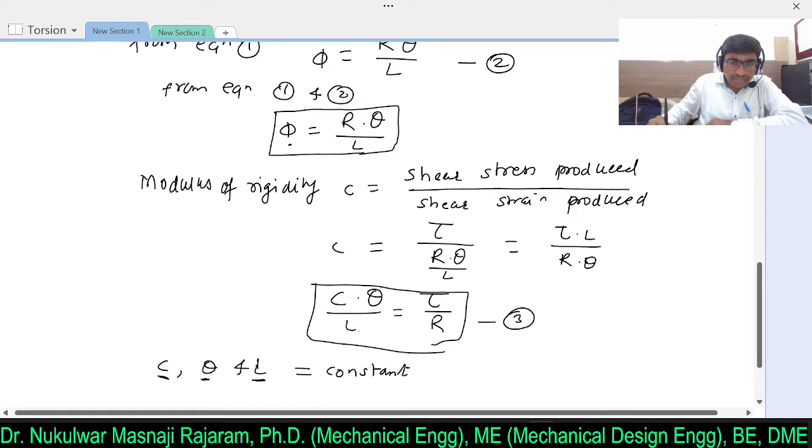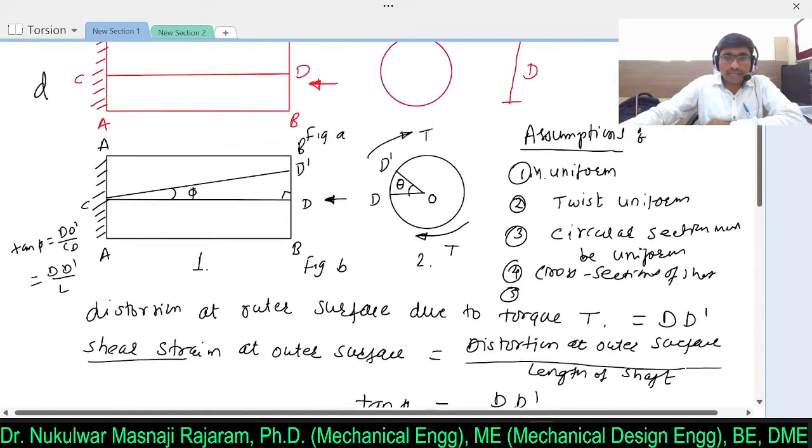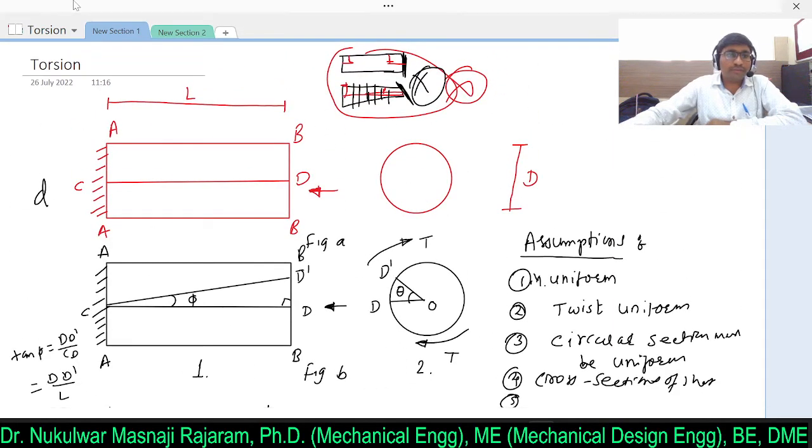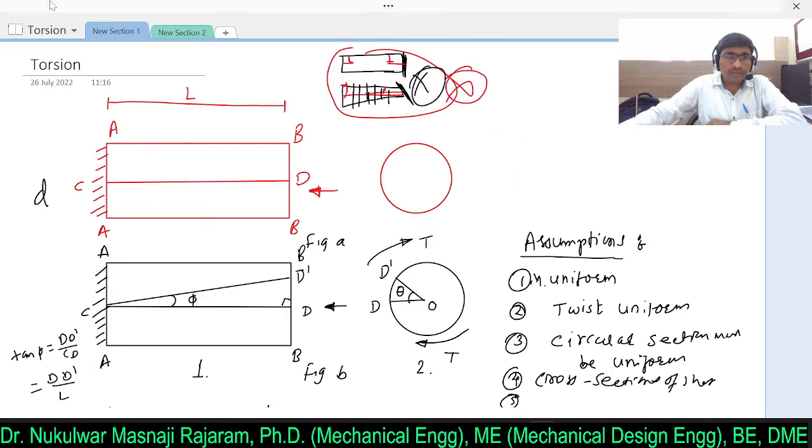So in this equation, if I consider these all are constant, then I can rewrite this equation, that is tau divided by R will be equal to a constant, or I can say tau is directly proportional to R. Clear? So shear stress is directly proportional to the radius of the shaft. Clear? Now from this I can say over here, it's a very important topic.